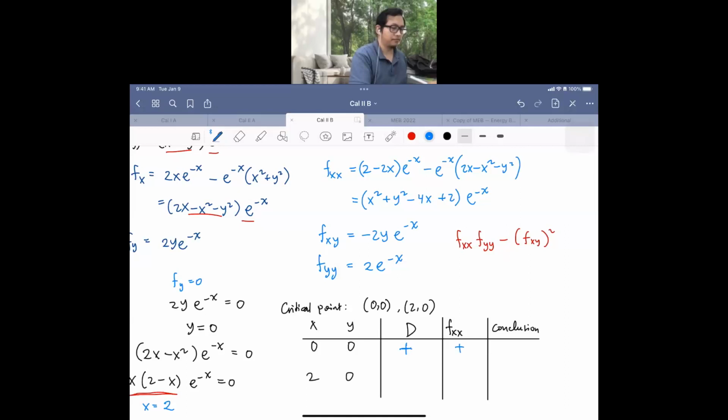Partial xx is 2, right? Conclusion: this will be a local minimum. And then check x equals 2, this will be negative.